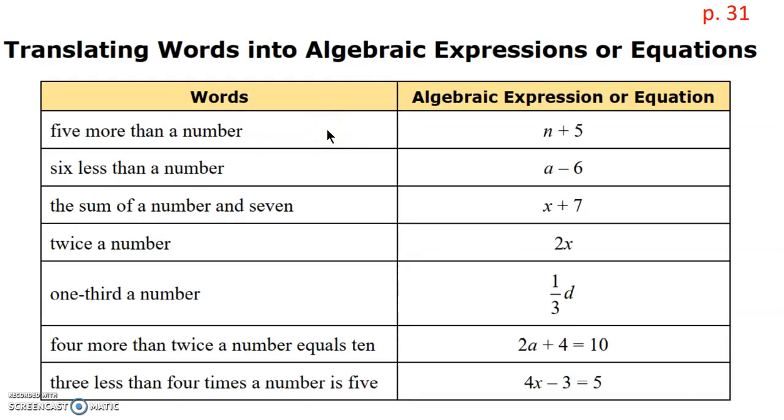It's important for us to go through this chart to see how this all works. So for the first example, we have 5 more than a number. So the number is our unknown, so we can assign this as any letter we want. And we have 5 more than that. So that means that we have the number and we have 5 more, so we're adding 5 to it.